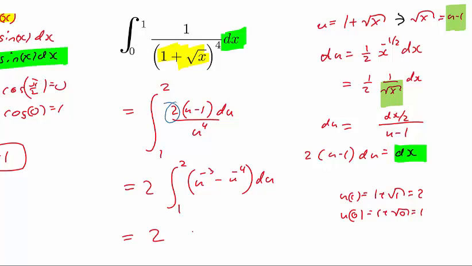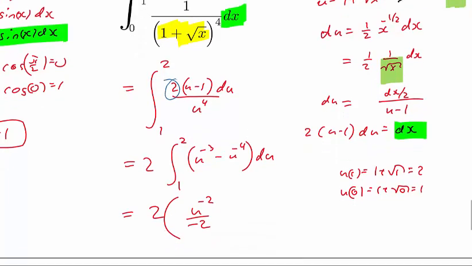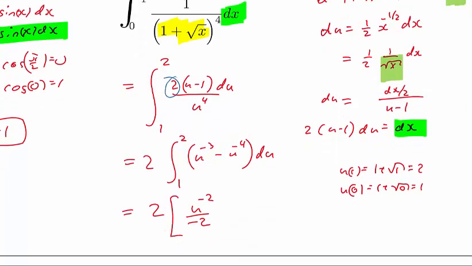So u to the negative 3 plus 1 is negative 2, divided by negative 2, and then minus, negative 4 plus 1 is negative 3, divided by negative 3. And we are going from u equals 1 to 2.